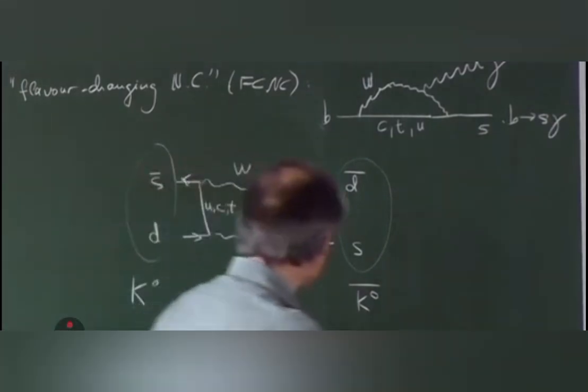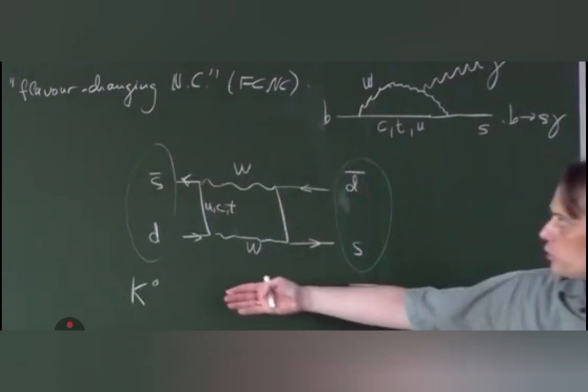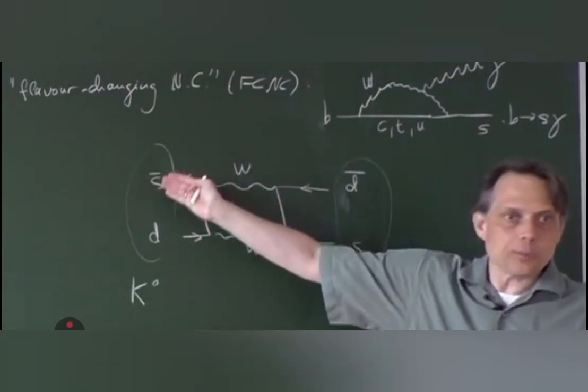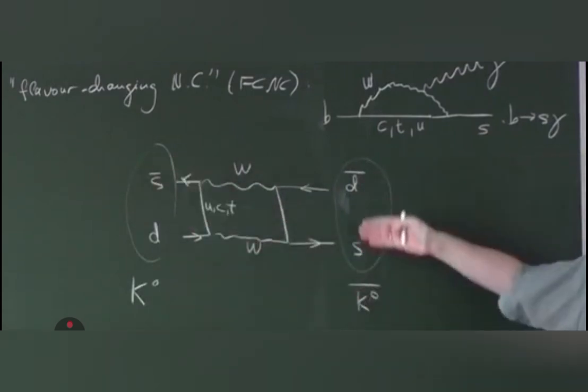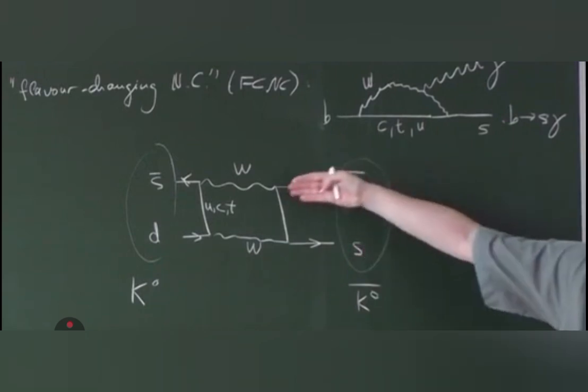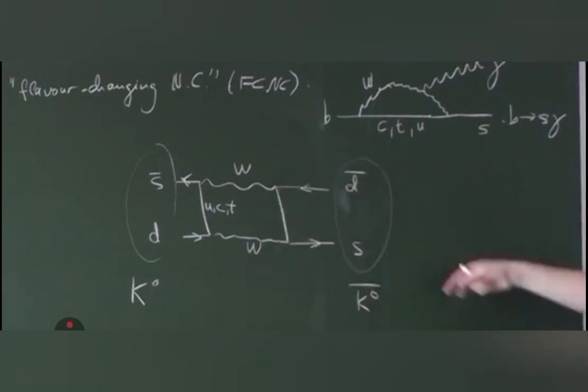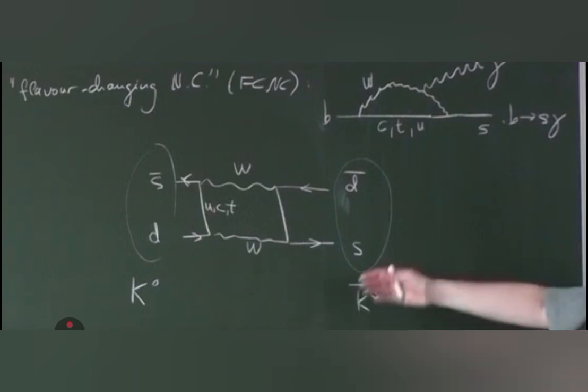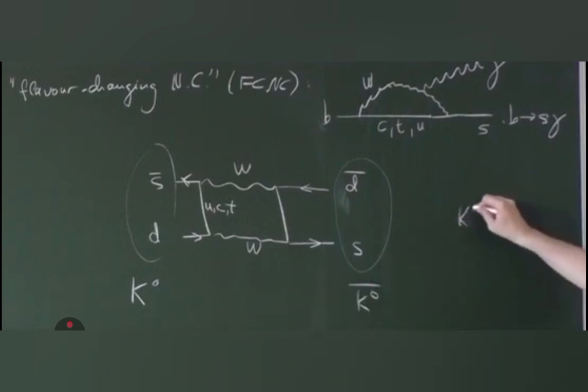which can happen. And the K0 carries strange quark number -1. The K0 bar carries strange quark number +1. So the number of strange quarks is changed by 2 units. But as you see, overall the charge of the fermions is not changed. So this is again a flavor changing neutral current, which is transmitted at the loop level.